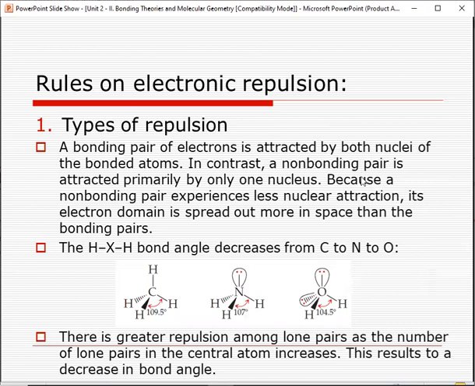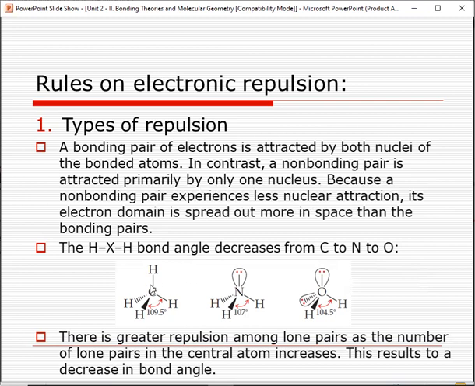In contrast, a non-bonding pair is attracted primarily by only one nucleus. Because a non-bonding pair experiences less nuclear attraction, its electron domain is spread out more in space than the bonding pairs. So the HXH bond angle decreases from C to N to O.